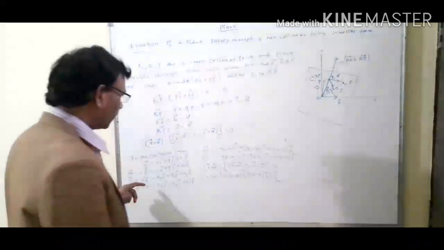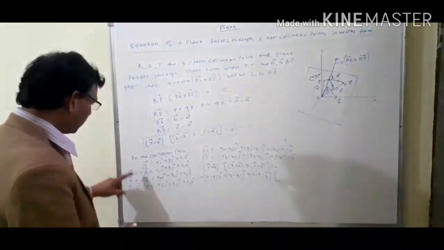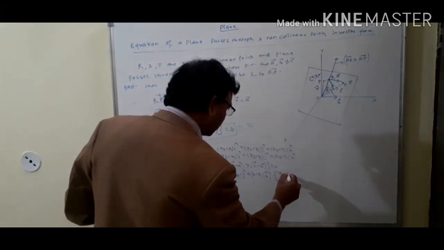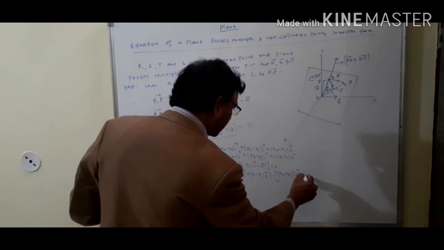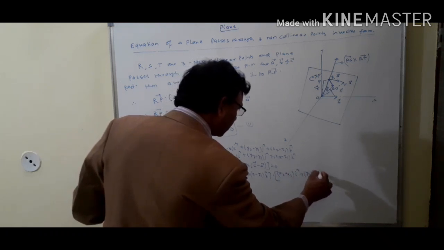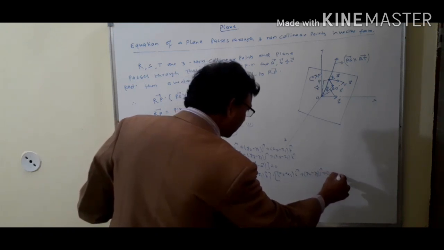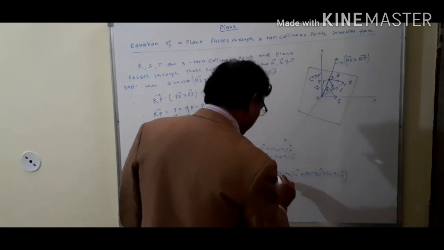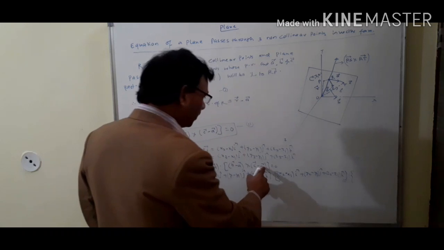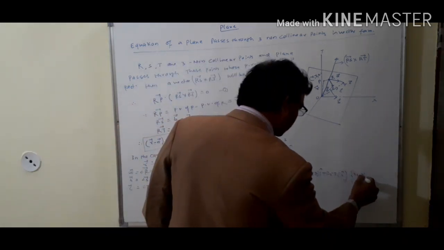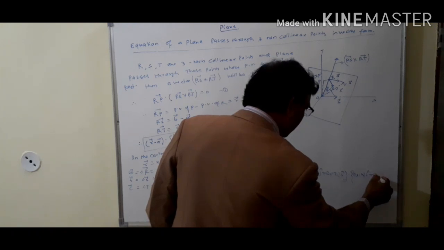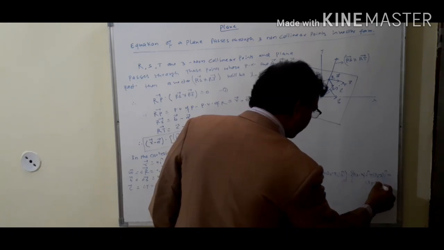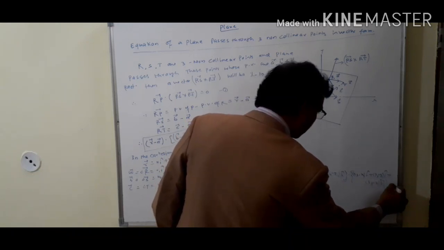B minus a means RS, x2 minus x1 i cap plus y2 minus y1 j cap plus z2 minus z1 k cap, cross c minus a, that means x3 minus x1 i cap plus y3 minus y1 j cap plus z3 minus z1 k cap, is equal to 0.